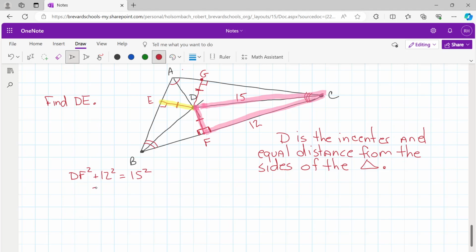So watch, if we subtract 12 squared from each side, then DF squared is equal to, this is a good calculator shortcut. In your calculator, you type 15 x squared minus 12 x squared and hit equals. You get 81.